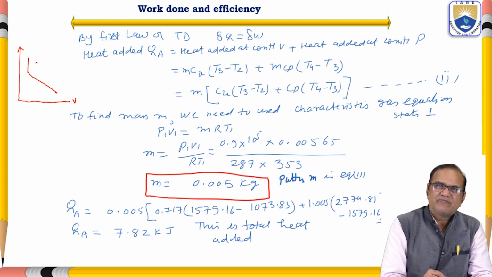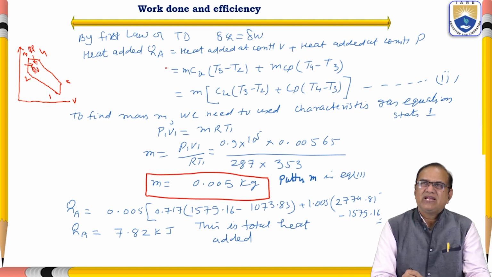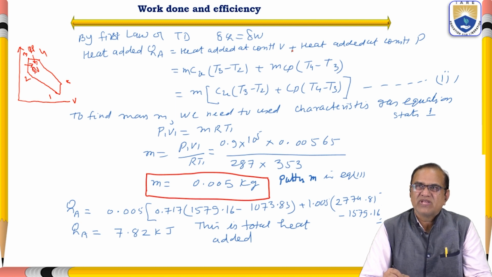So this is 1, 2, 3, 4, 5. Here heat added at constant volume I will write as QV, and here is QP. So heat added at constant volume plus heat added at constant pressure.